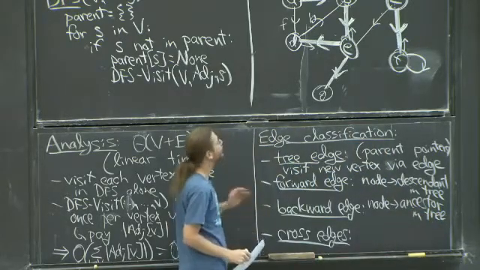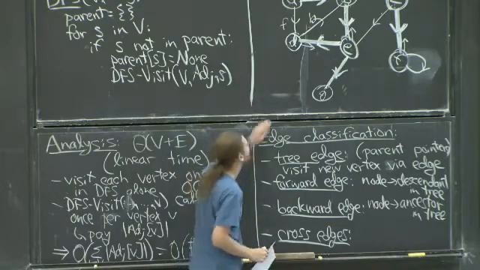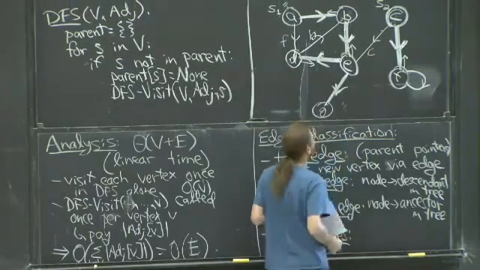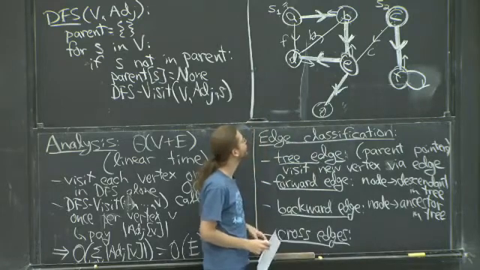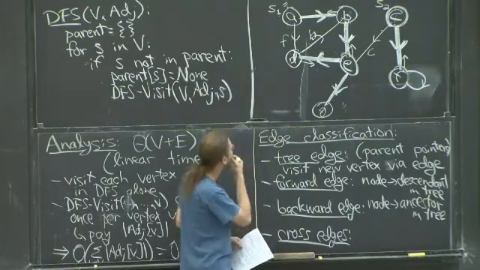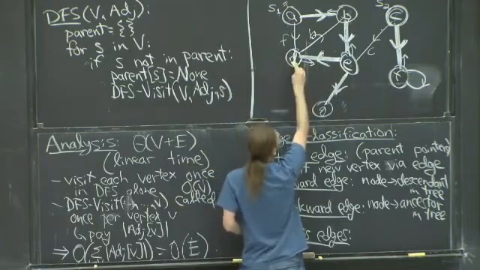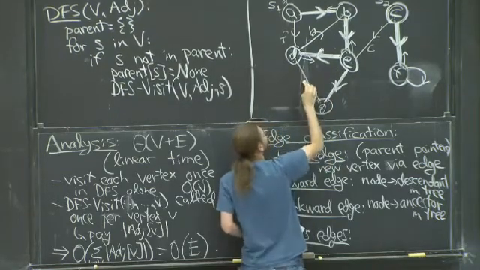And then all the other edges are cross edges. So I guess here, this is a cross edge. It goes, in this case, from one tree to another. It doesn't have to go between different trees. For example, let's say I'm visiting D, then I go back to E, I visit G. There could be this edge.